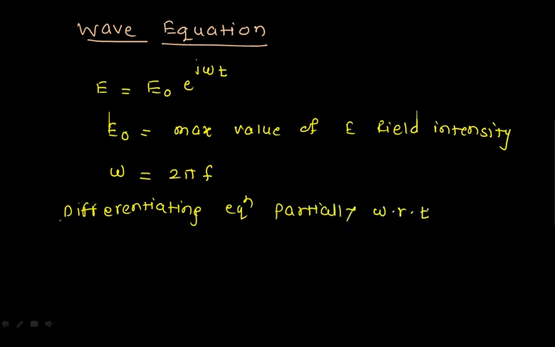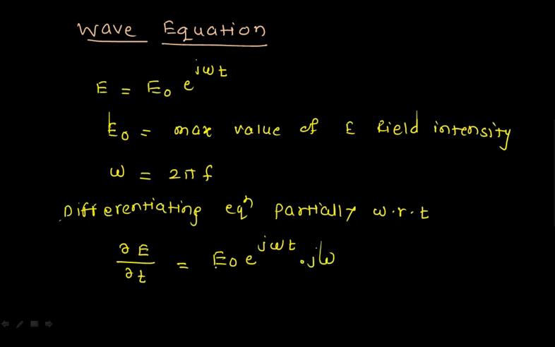So this equation will become dE by dt is equal to E0 e raised to j omega t, and as I'm differentiating with respect to t, it will become j omega.